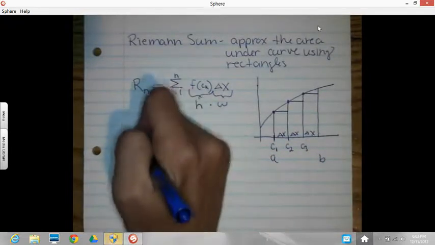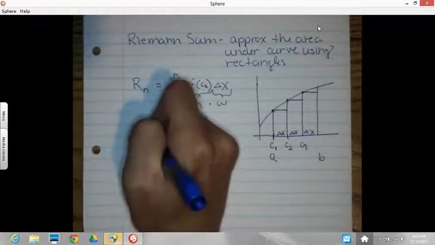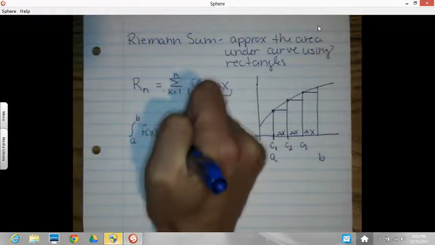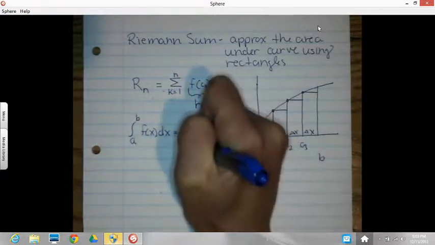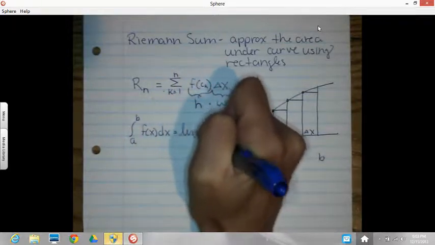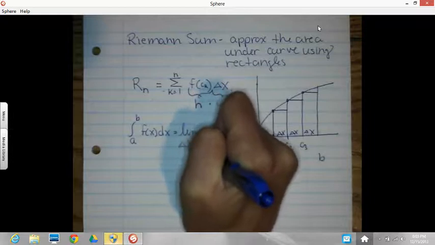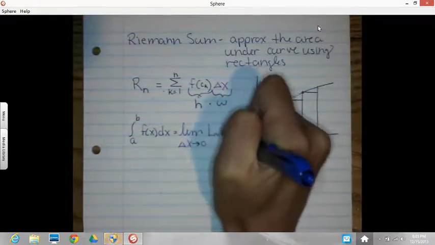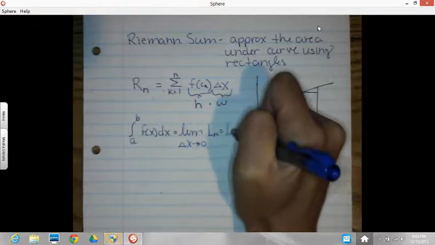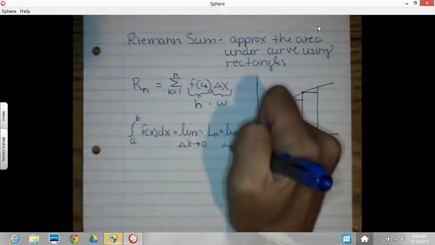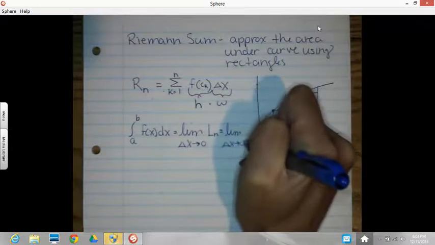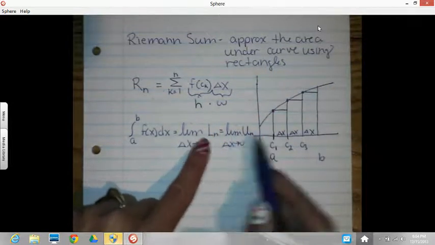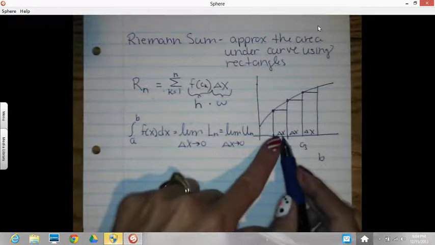So the integral from a to b of f of x dx is the limit as delta x approaches 0 of the lower sum or the upper sum. The limit as delta x approaches 0 of the upper sum. These two approach each other as this width gets narrower and narrower.